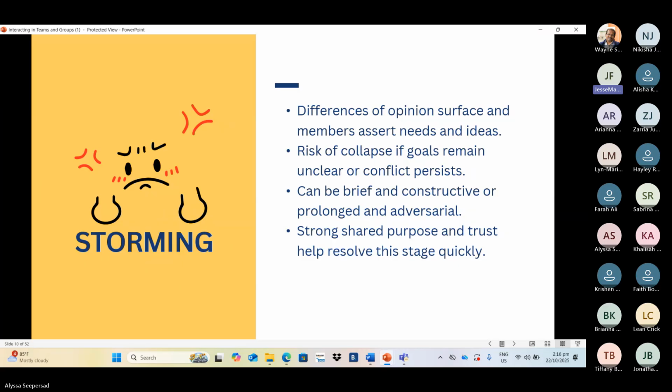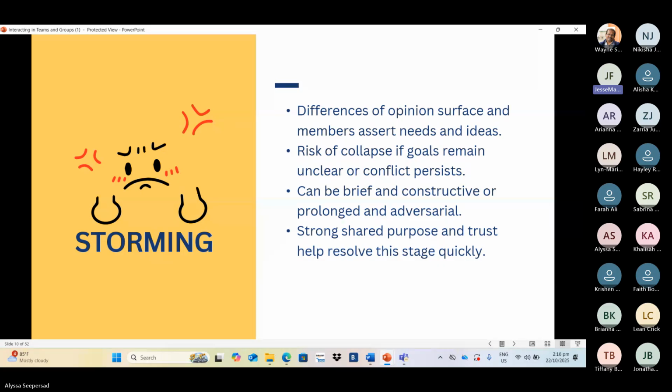But usually, I think the best solution is just to approach the conflicts in a civil manner and try to talk it out and come to a unanimous agreement. This stage can either be short and constructive, where members come to a clear direction of achieving their objectives, or it can end up being prolonged and the group may start to operate in an adversarial manner where two opposing sides develop.